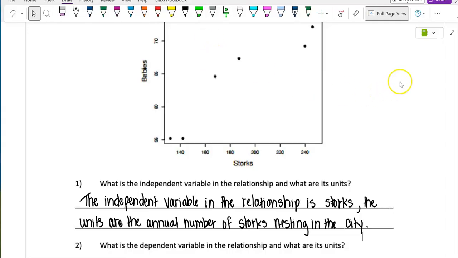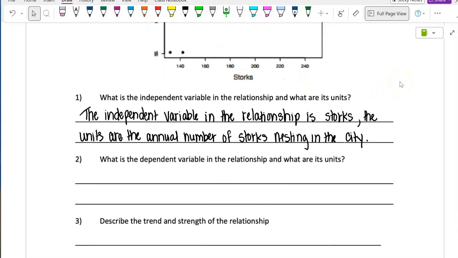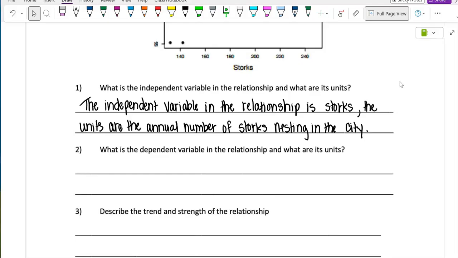So if storks is the independent variable, what is the dependent variable in the relationship? Babies.